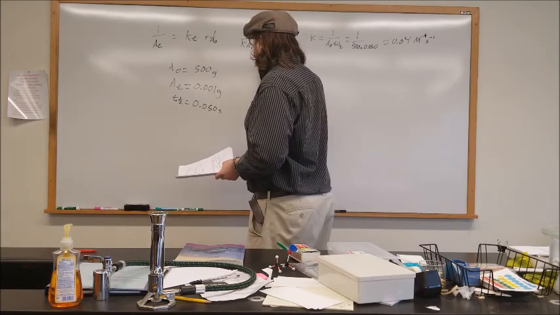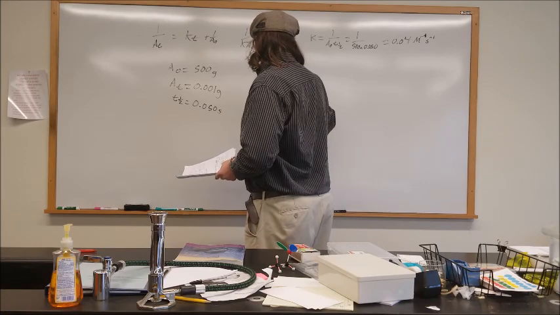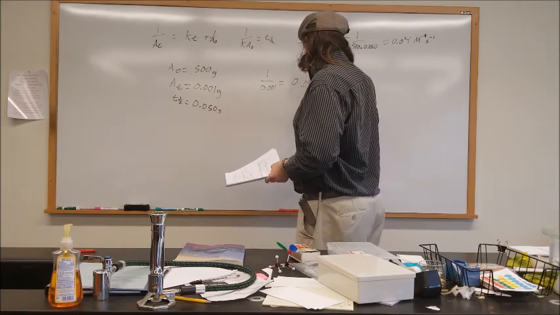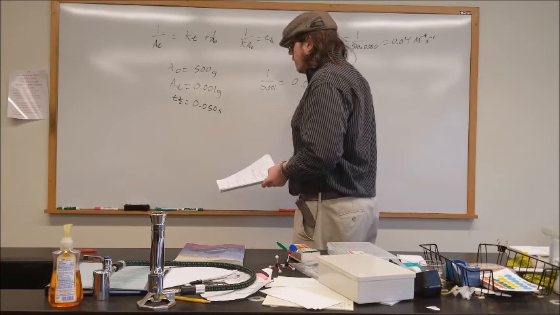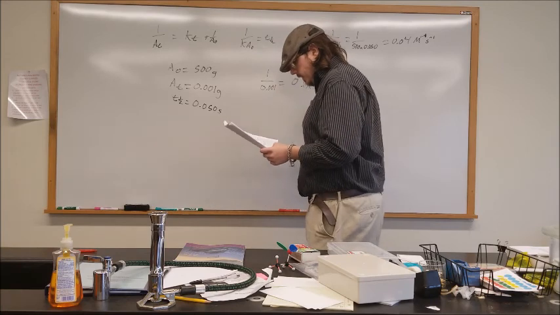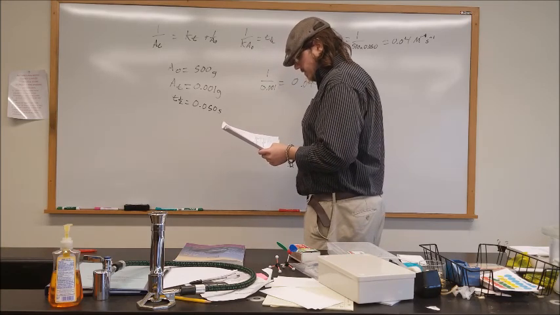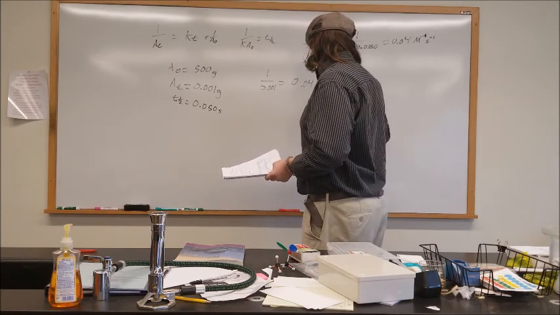So we have 1 over 0.001 equals 0.04 times t plus 1 over 500. So 1 over 500 is equal to, well, a really small number. We're going to take this and subtract 1 over 500 from both sides.